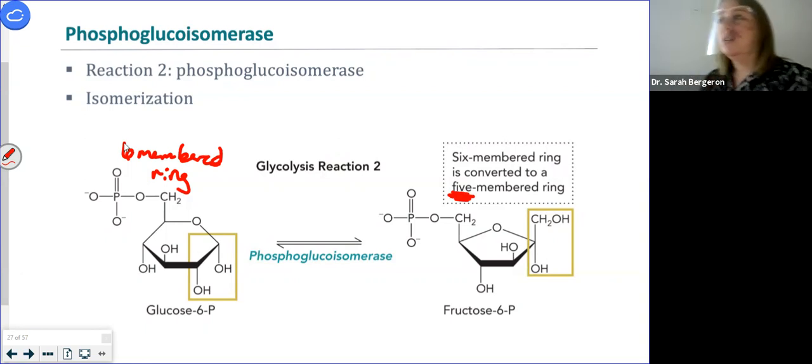Well, you remember how the very first step was to phosphorylate carbon 6, right? Now, do you see how carbon 1 is going to look the same way that carbon 6 did before we phosphorylated it? So can you guess what the next step is going to be?